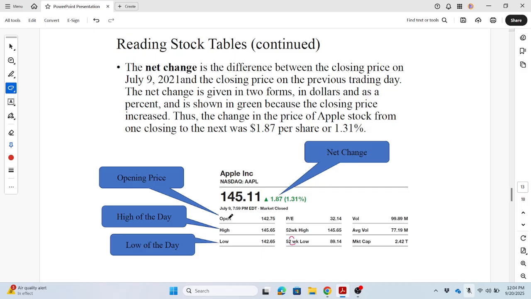Okay, so there are different types of information: open price, high price, low price, 52-week low, 52-week high. 52 weeks means 1 year. In 1 year, the price high. If you go to the real data, this is not the real data, this is very old data.